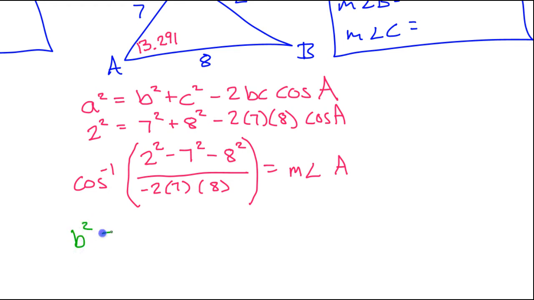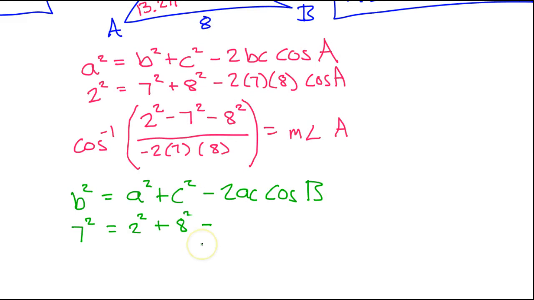So b squared is equal to a squared plus c squared minus 2ac cosine of angle B. So 7 squared equals 2 squared plus 8 squared minus 2 times 2 times 8 times the cosine of angle B.